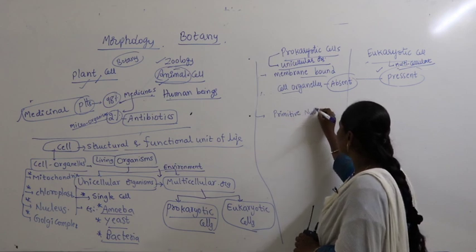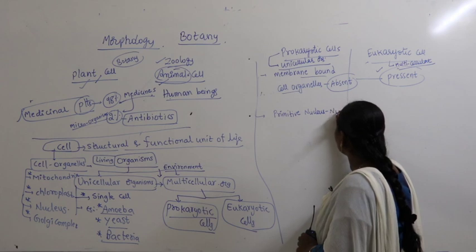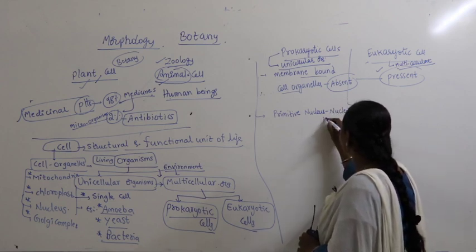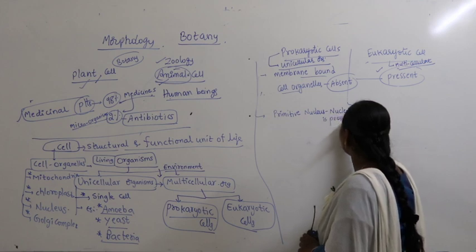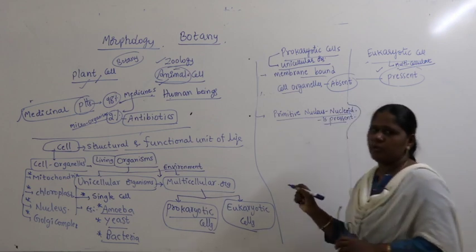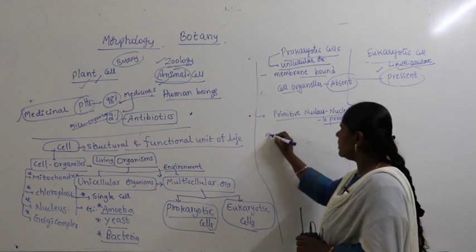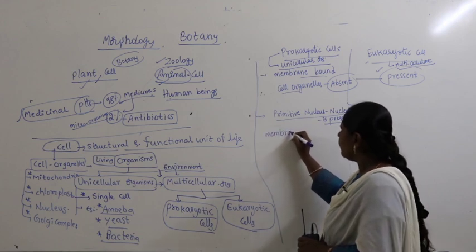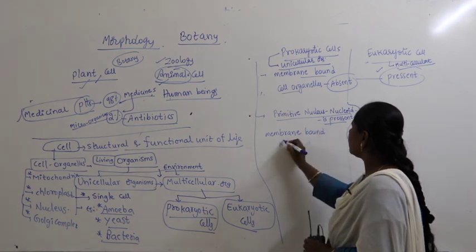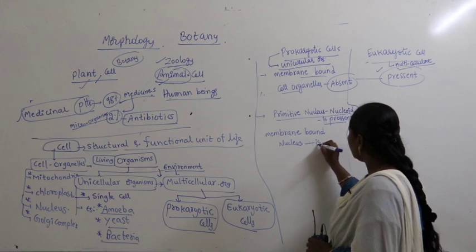Primitive nucleus, it's called nucleoid. It's present. What exactly is the meaning of primitive nucleus, nucleoid is present? That means membrane bound nucleus is absent.